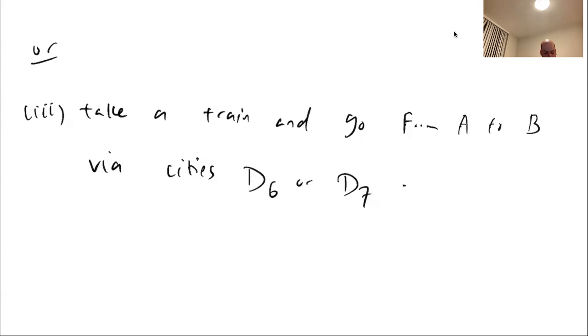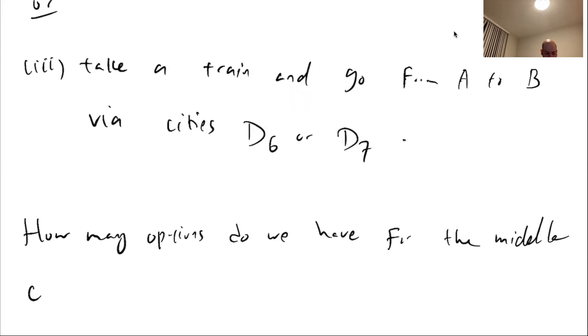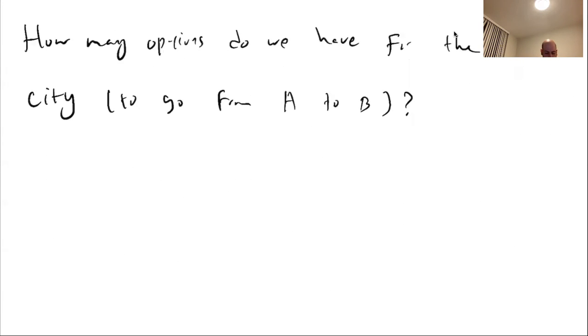So how many options do we have for the middle city to go from A to B? See, we have city A here, city B here.